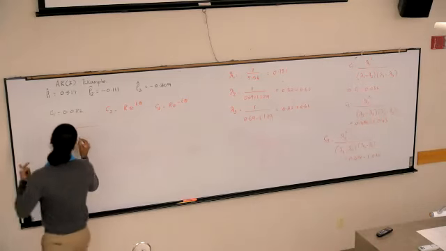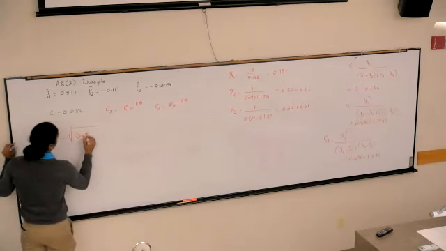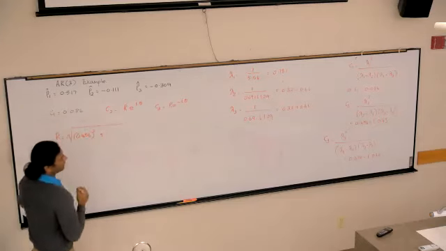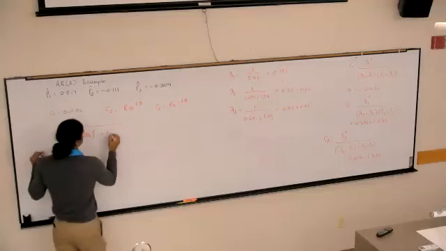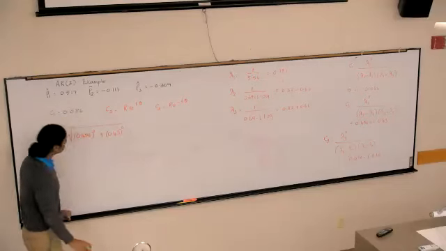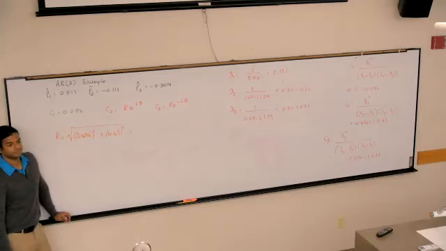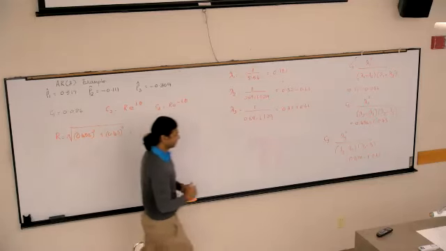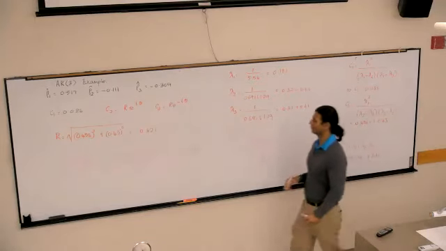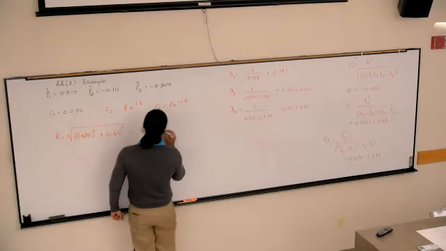So 0.456 squared plus 0.43 squared. What do we get? We get 0.627. We can round it to 0.63.